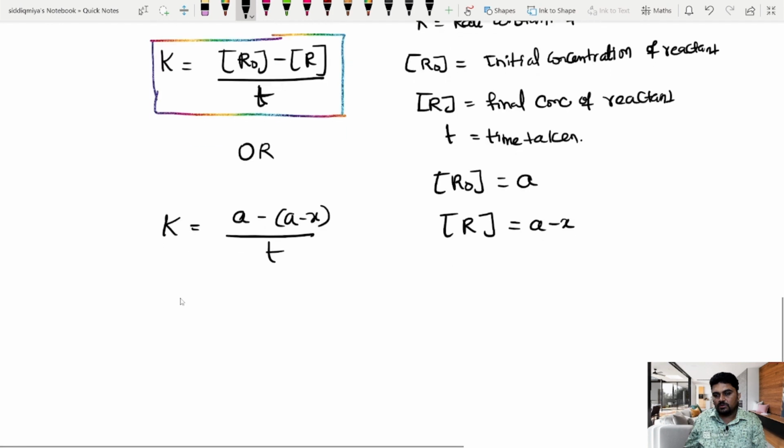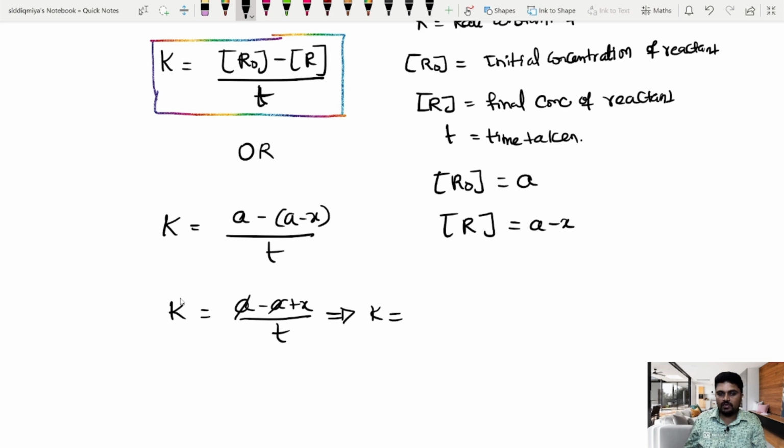So you will get k is equal to a minus a plus x by t. A cancels, so finally k is equal to x by t. X means the amount of reactant reacted.